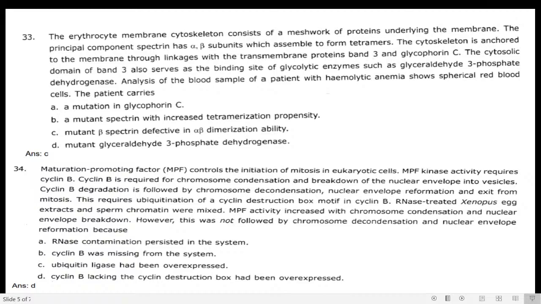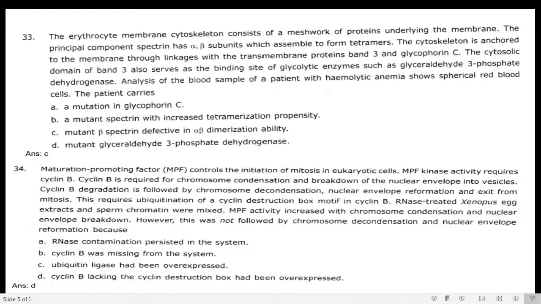Then the cytoskeleton is anchored to the membrane through linkage with transmembrane protein band 3 and glycoprotein C. These two things happen. And the cytoskeletal domain of band 3 also serves as a binding site of glycolytic enzymes such as glyceraldehyde 3-phosphate dehydrogenase.